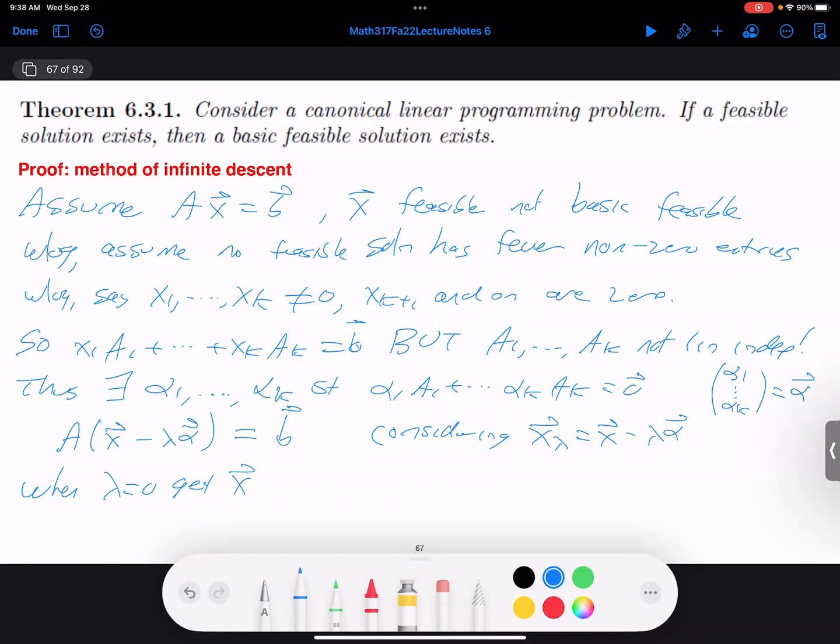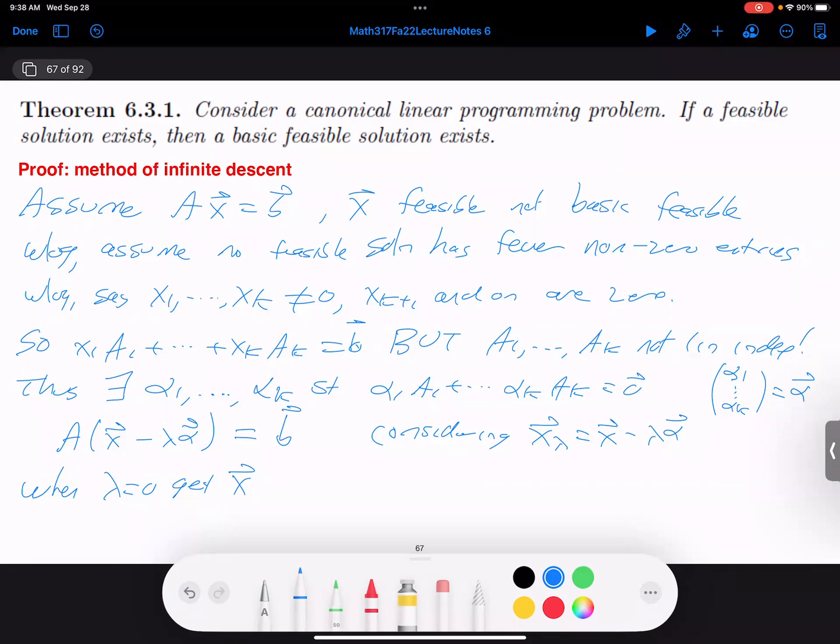What happens as we increase or decrease lambda? What happens to the components of x minus lambda alpha? So we start off, do we agree that when we have x, every component is positive?